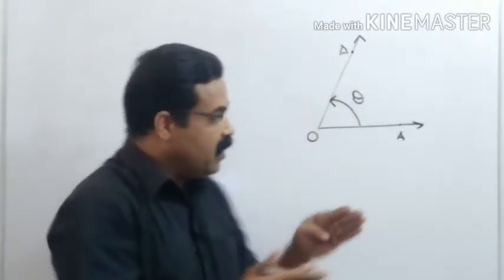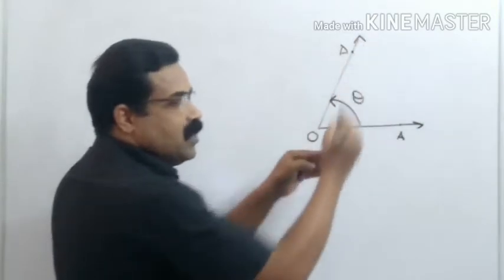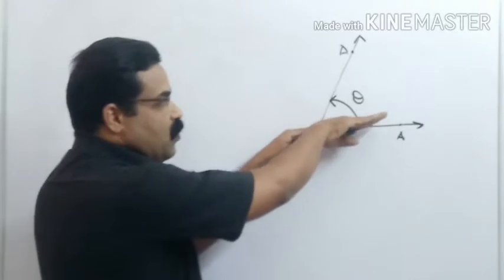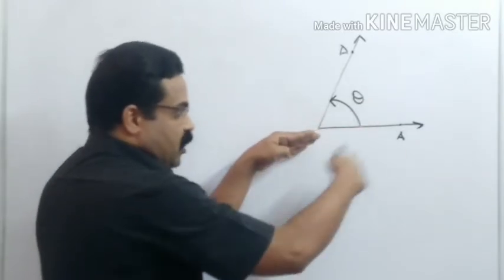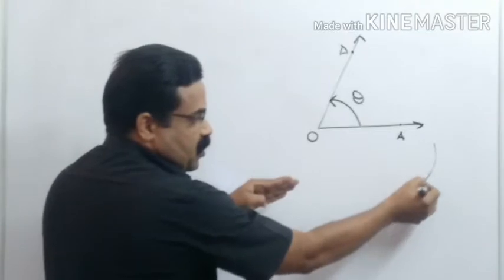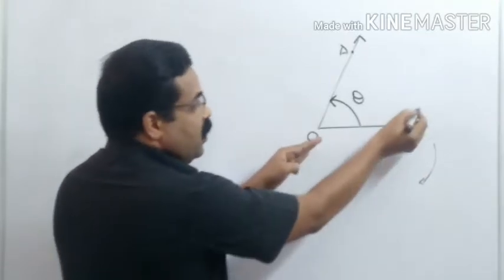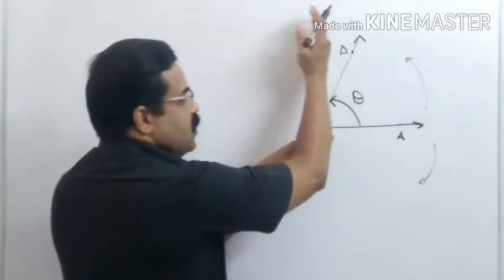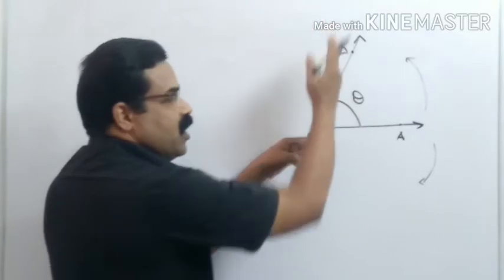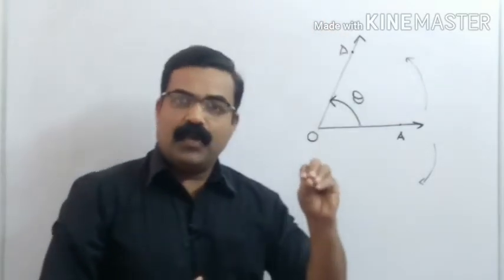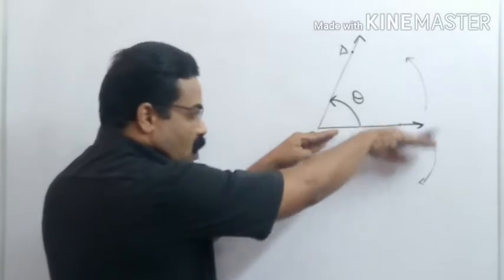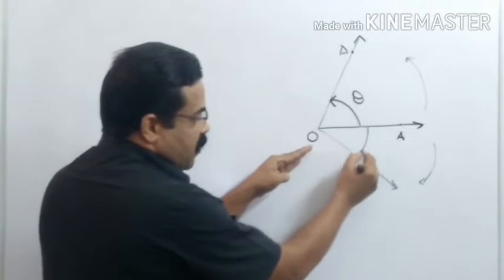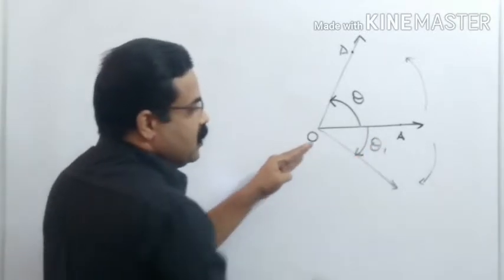So students, when I move this way, that is anti-clockwise, the angle which I am getting is called a positive angle. And the same way, if I move towards this side, that is clockwise direction, and suppose my terminal side is here, the angle which I am getting here, that is theta 1, is a negative angle.